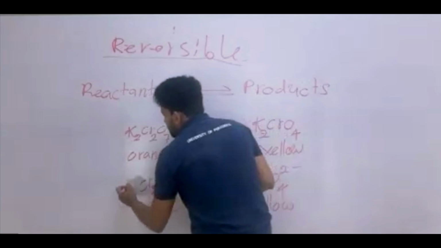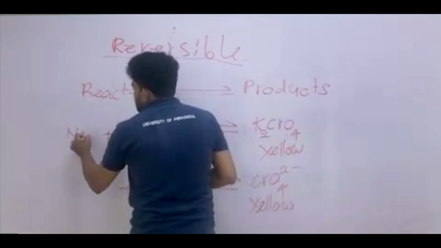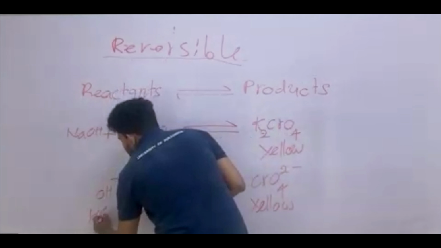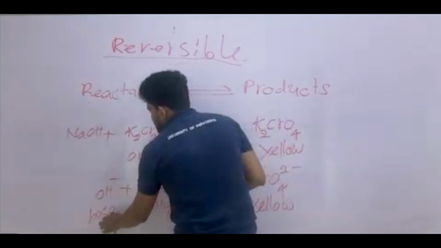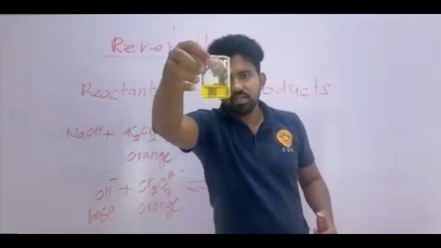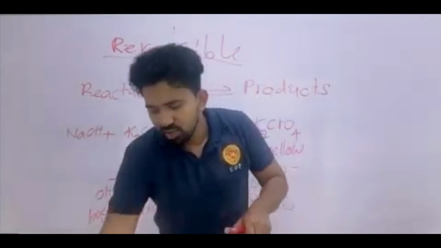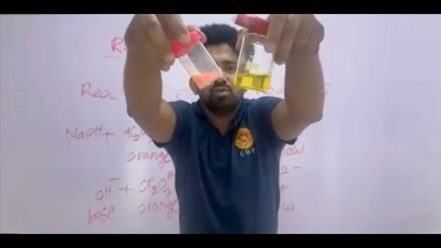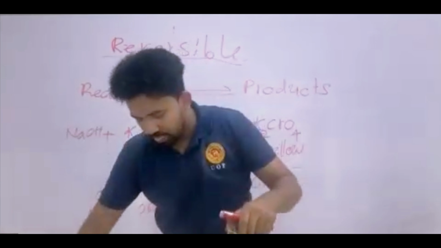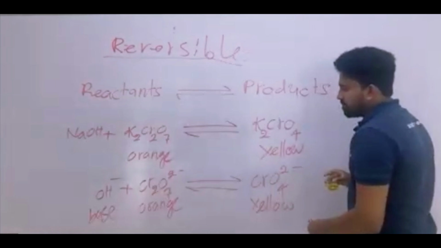What we put here is NaOH, so I will say OH minus. When we add a base, it changes color. You can compare the colors. Initially the color was this one, and the final color was this one when we added NaOH. That is the color change.